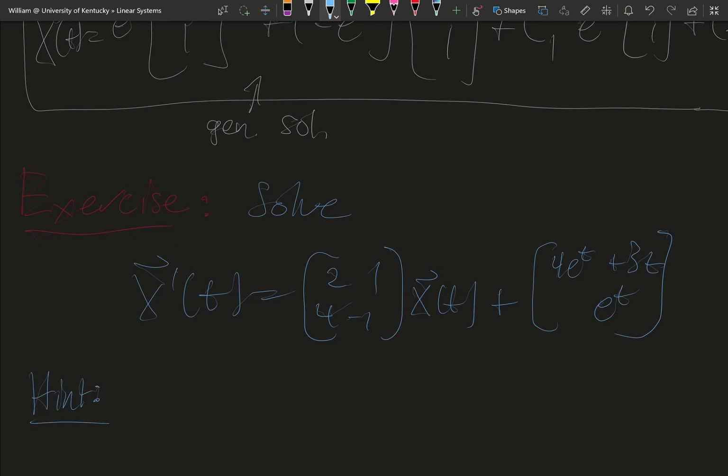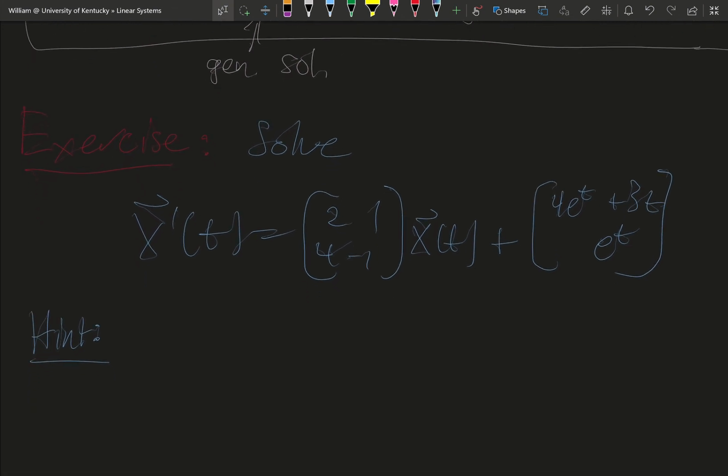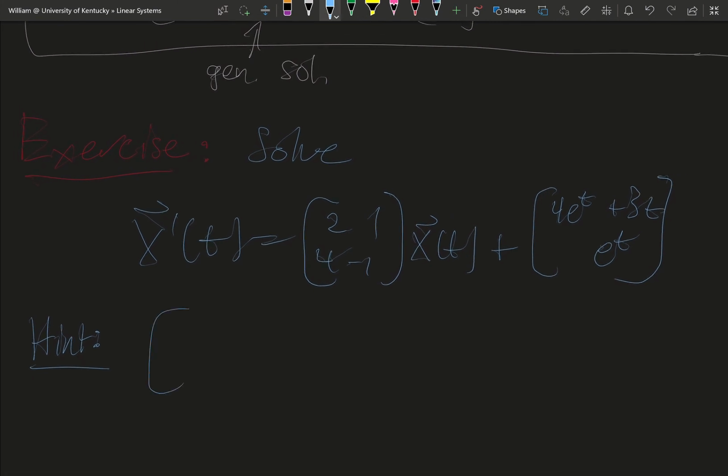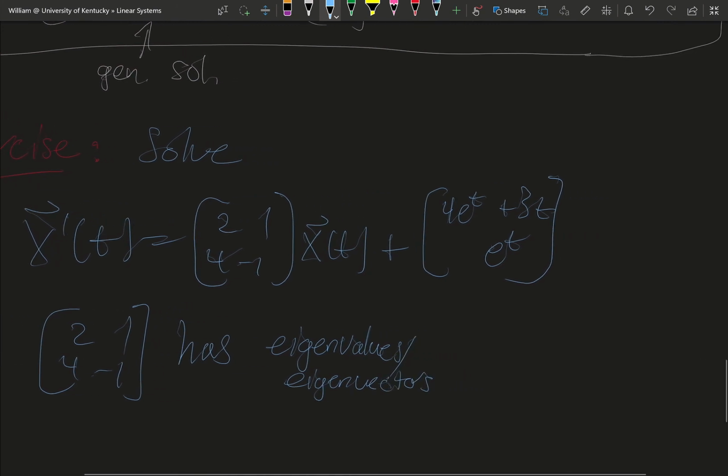And as a hint, sorry about the real scribbly writing. I'm pretty sure that this tablet is about to die, so I want to get through this quick. So our matrix 2, 1, 4, -1 has eigenvalues slash eigenvectors as follows.